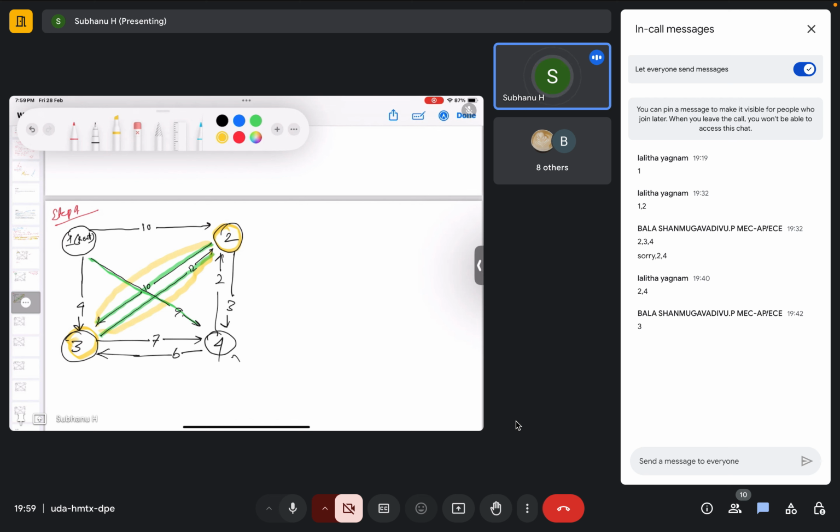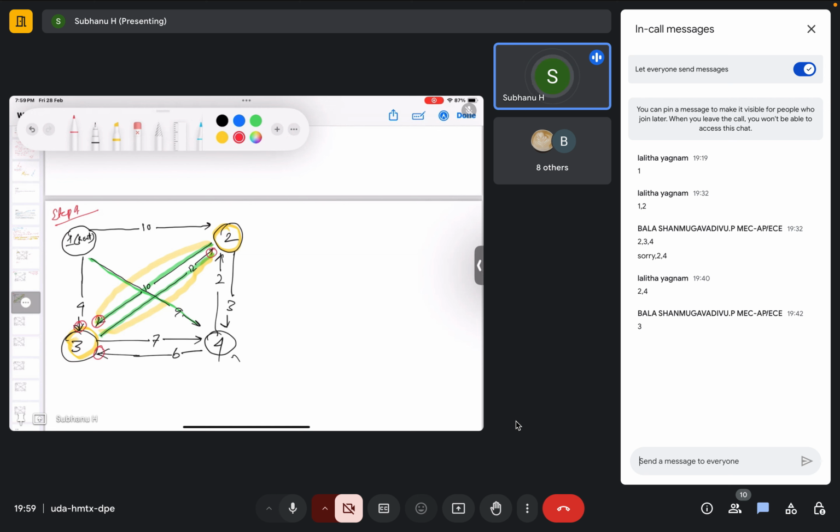So what I have to do in step 1, I have to see what are the maximum incoming edge for each node. So I can see there for node 3, incoming edge 1, 2, 3.